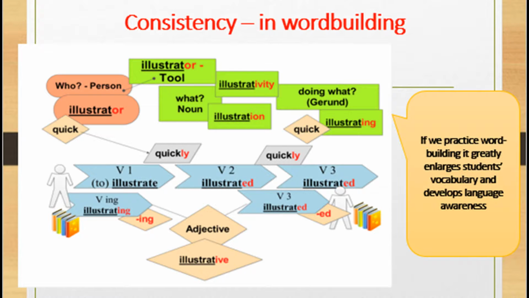Illustrator is a tool, and two nouns, illustrativity and illustration, plus illustrating as a gerund answering the question doing what. Though this part is rather difficult for the people who teach young kids, we will be constantly referring to this idea of consistency in our other courses.